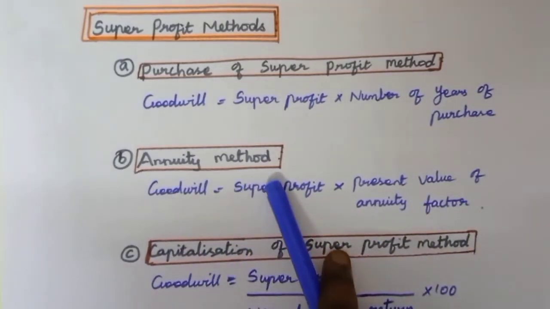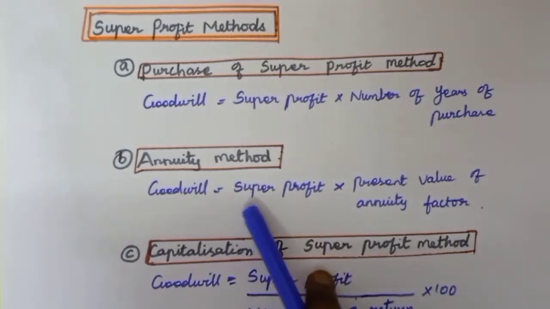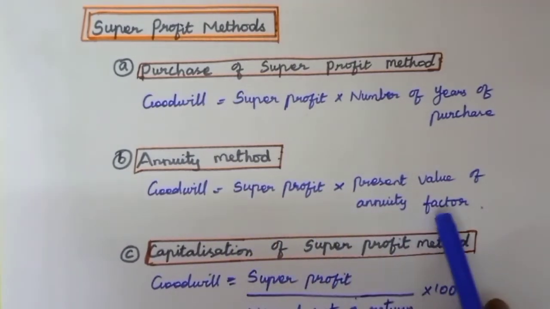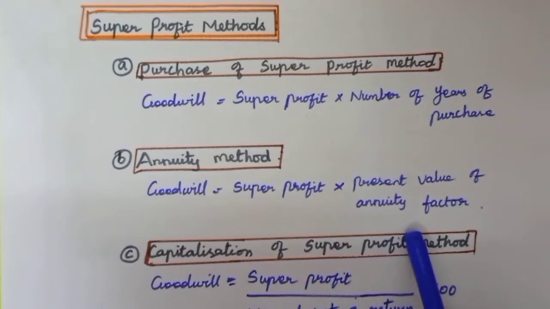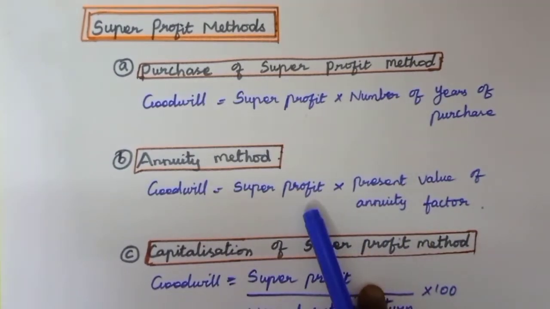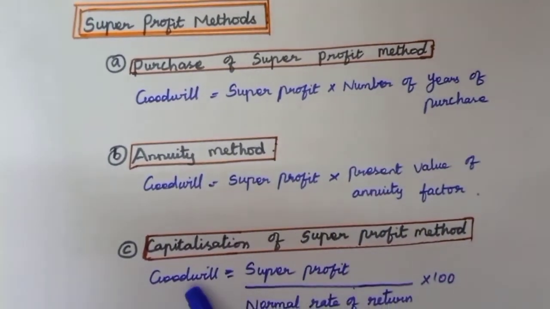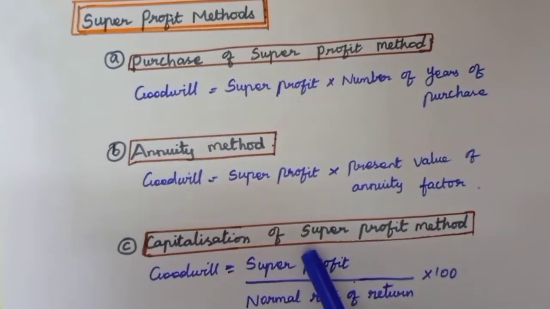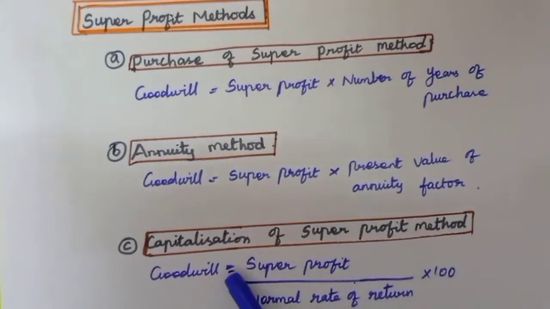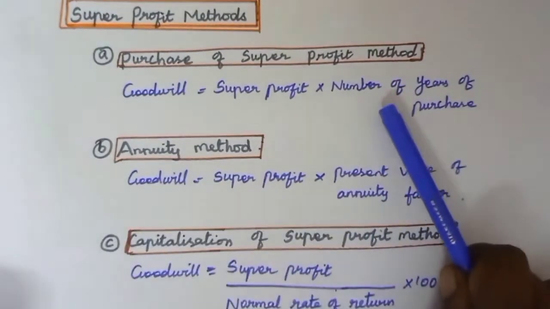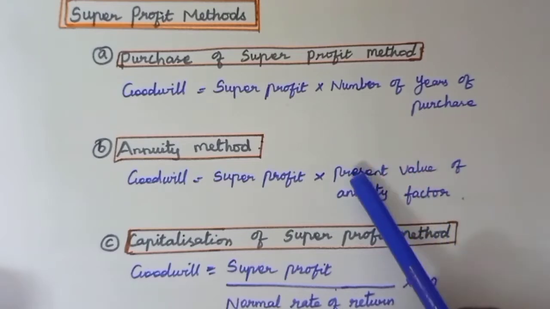Under this method, goodwill is calculated by multiplying the present value of annuity factor with the super profit. Third one, capitalization of super profit method. Goodwill is equal to super profit divided by normal rate of return into 100. Next, we will see problems under all three methods.